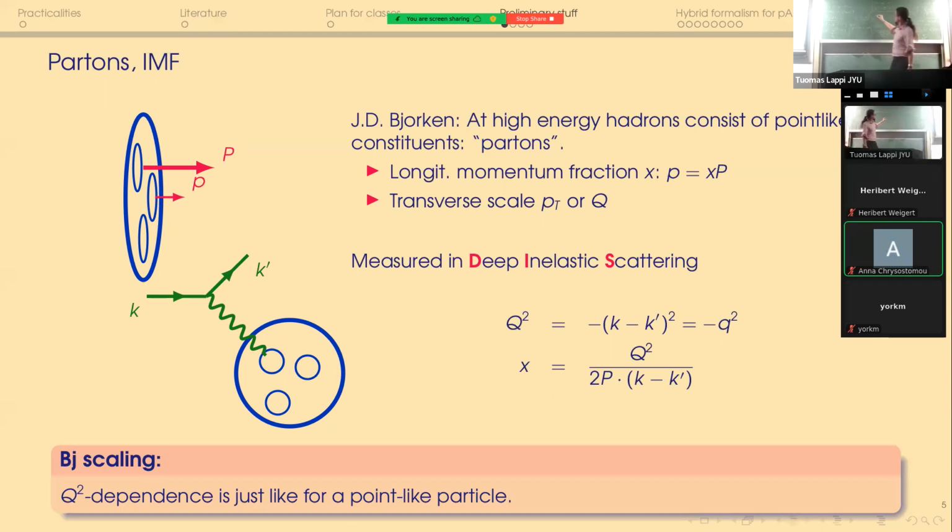It is an easy exercise that I will leave you to do at your leisure to show that for a momentum, using the rapidity, p plus and minus is 1 over square root 2 times square root of p perp squared plus m squared times exponential of plus or minus y.